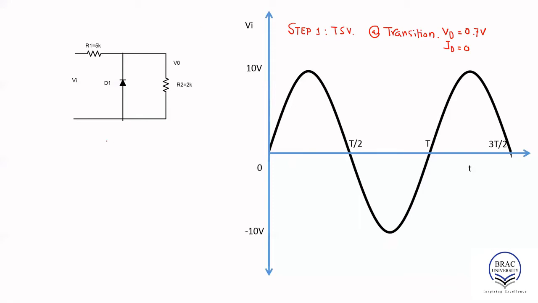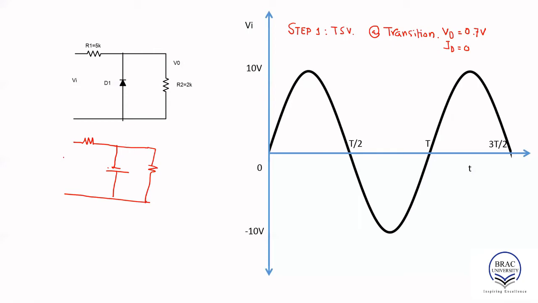For that, let's redraw the circuit, considering that the diode is going through transition. So first of all, since the diode is going through transition, we're going to replace the diode. Okay.